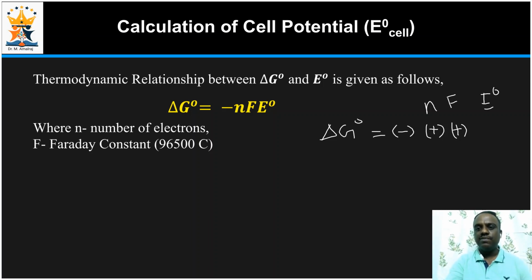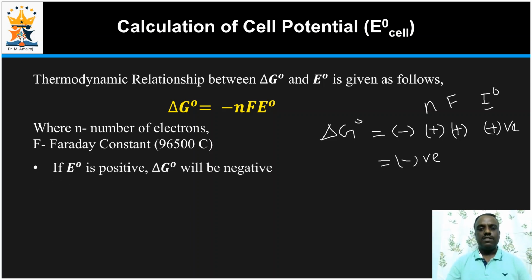In case E naught is positive, what will happen? The sign of delta G naught will be negative. That represents the spontaneous reaction. So if E naught is positive, then delta G naught will be negative, indicating a spontaneous reaction.